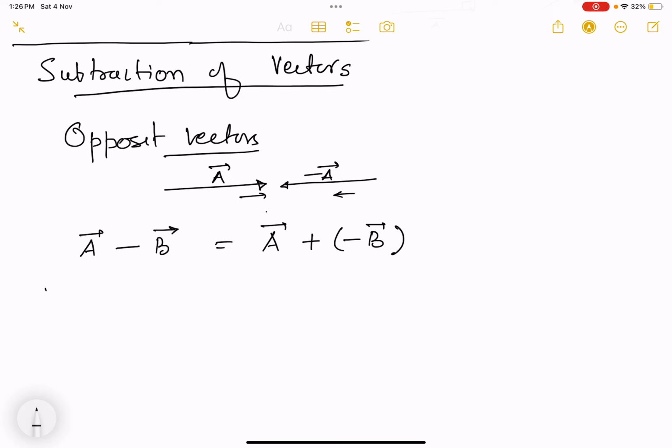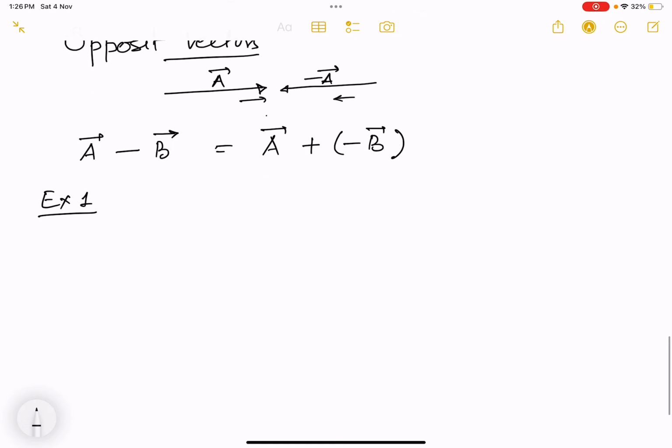Okay, so let us take examples. We will take two examples, and I think with two examples the problem will be understood. Example 1: I have vector A here and I have vector B. Similar vectors as the previous time. I want to find out A minus B. How do I find A minus B? It is very simple.